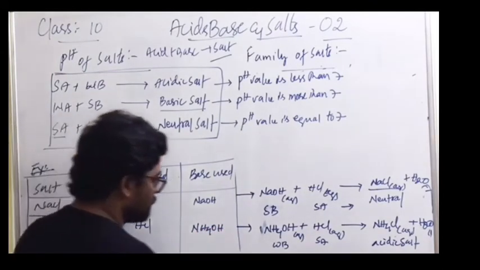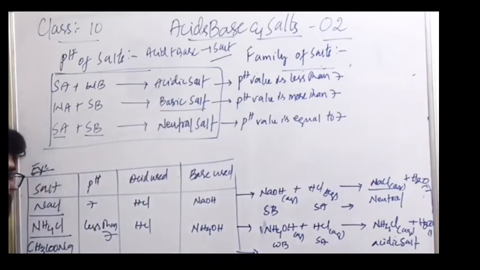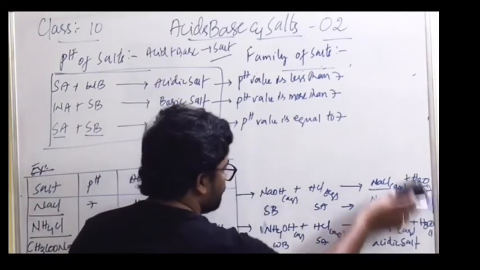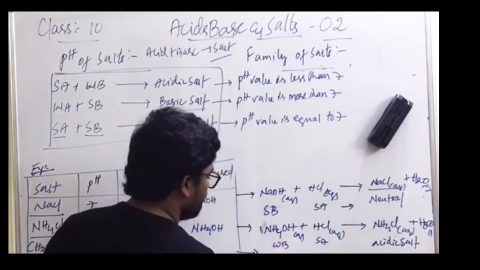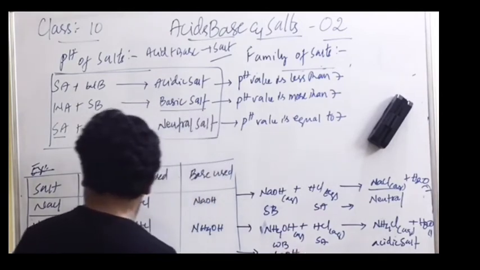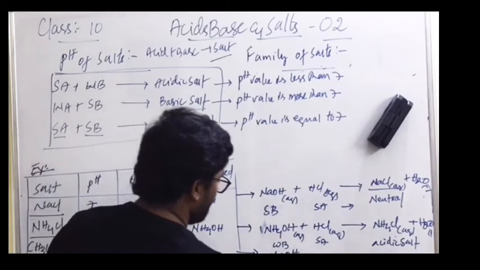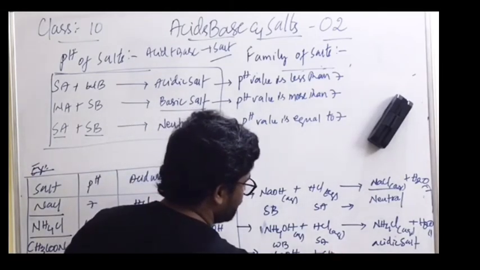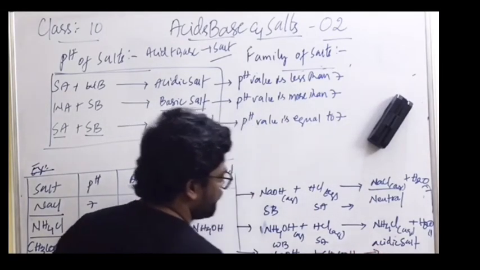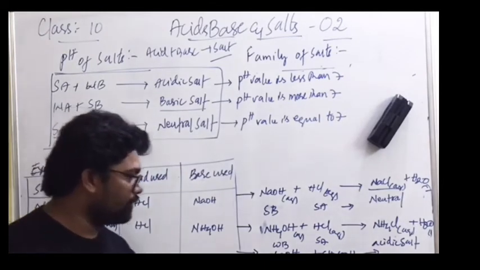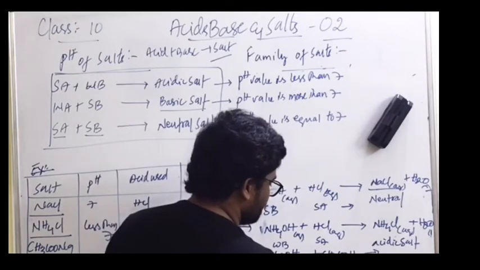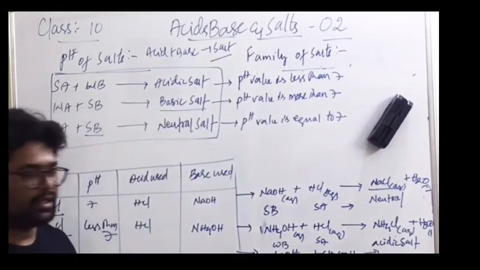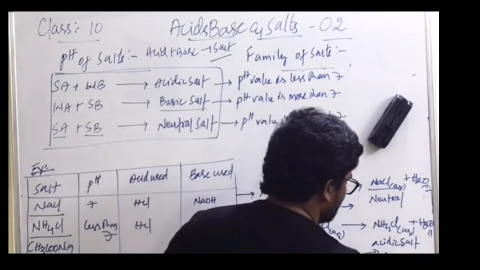Now the next one. Sodium acetate is a salt. Let us try to identify the pH of sodium acetate. Sodium acetate is formed by the reaction of aqueous NaOH plus CH3COOH. It is formed by the combination of a strong base and a weak acid. Acetic acid is a weak acid. Then I will get a salt called sodium acetate.